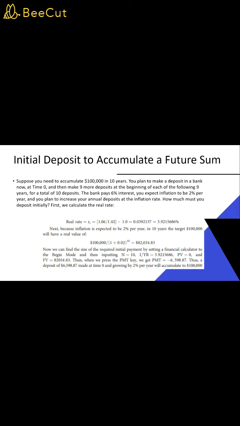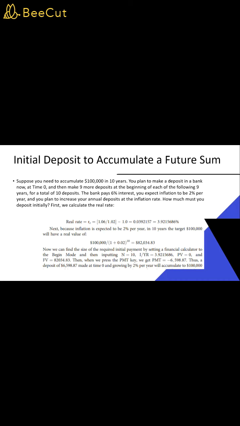So in this case, it's going to be 1.06 divided by 1.02, because 2% is the expected inflation rate. And we subtract that from 1, and that gives us 3.92%. So that is going to be the I that we are going to be using. Okay.